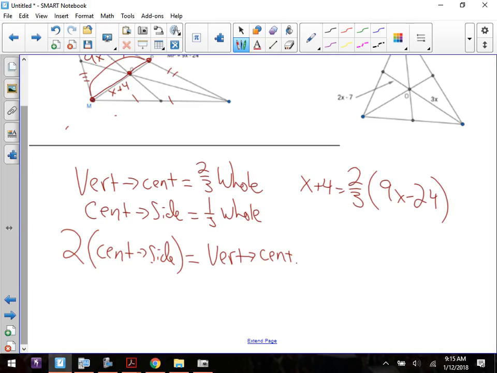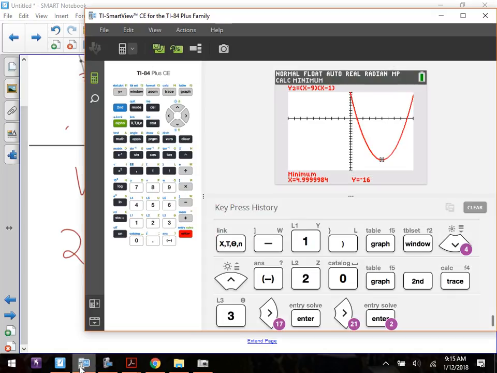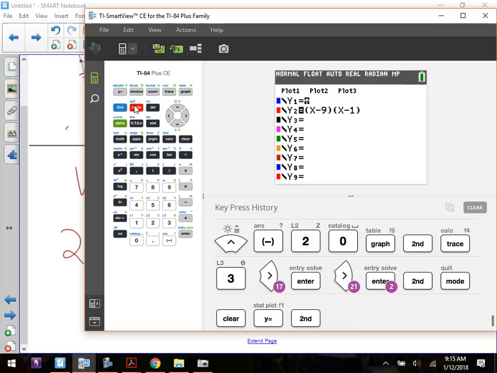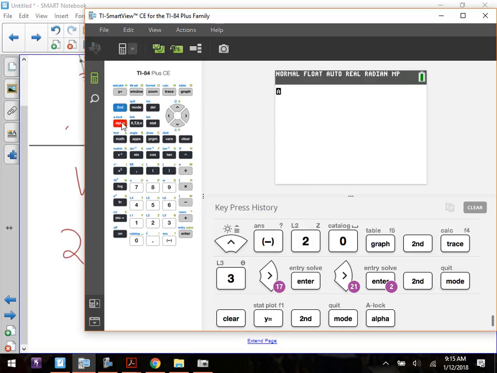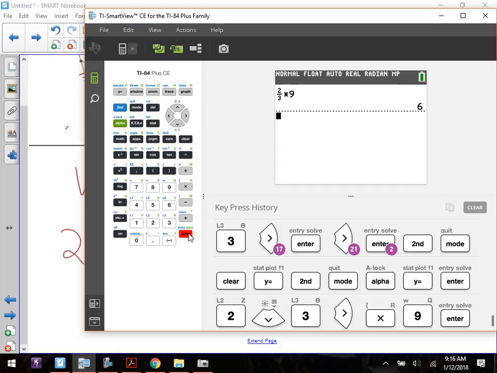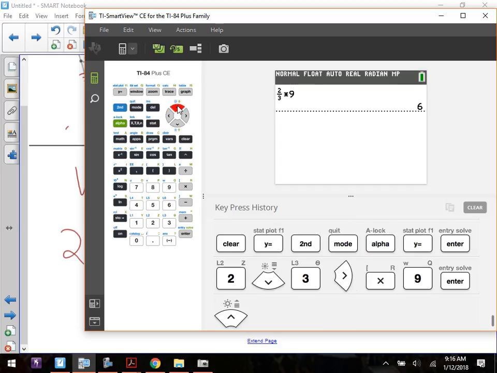So on your calculator, you guys would just make a fraction bar, your n over d button. 2/3 times 9, hit enter. Do the same thing and change it to 24.